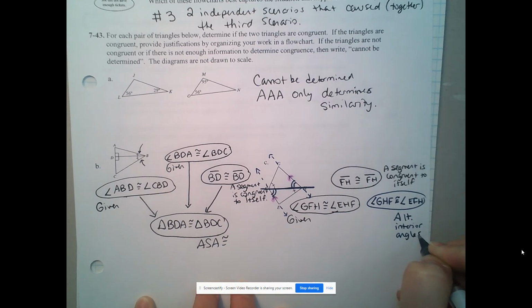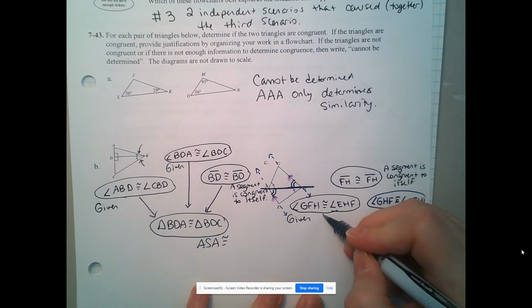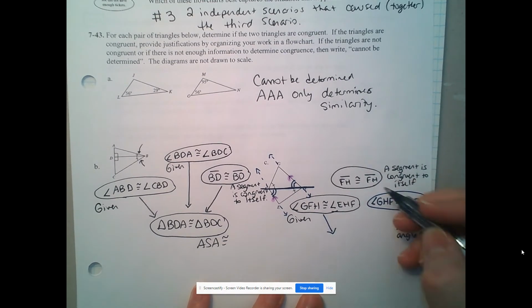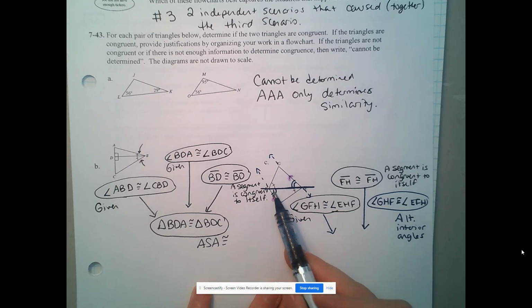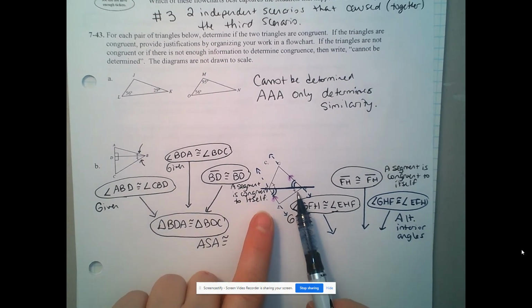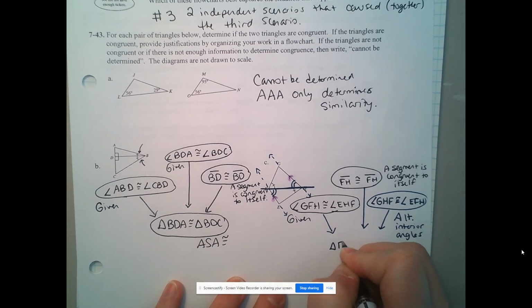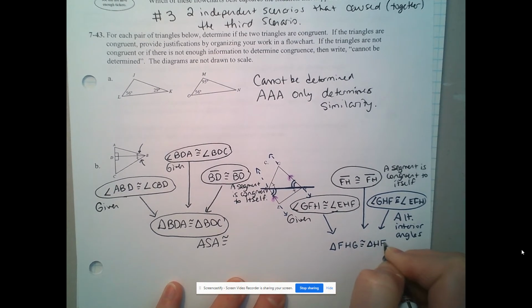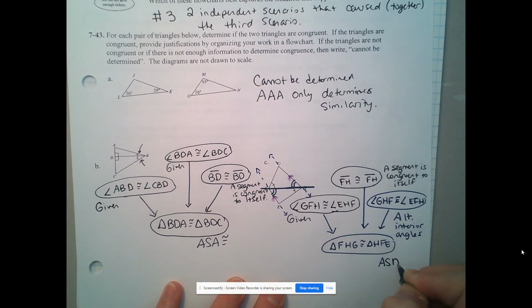All right, so at this point, we can say using one angle, using the segment or the side that is in the middle, and using a second angle. We've got two angles and we've got the segment that's between them. We can say that triangle FHG is congruent to triangle HFE by angle, side, angle congruence.